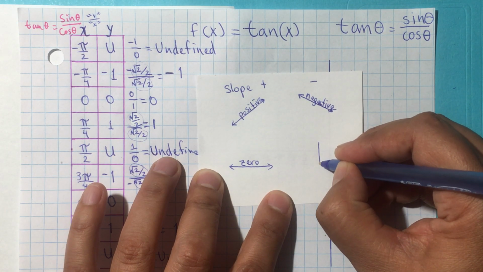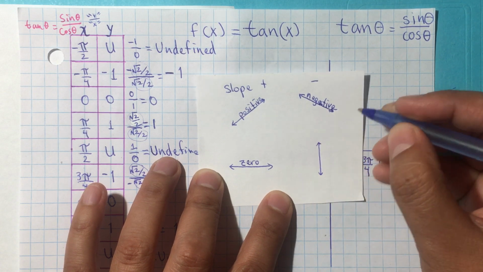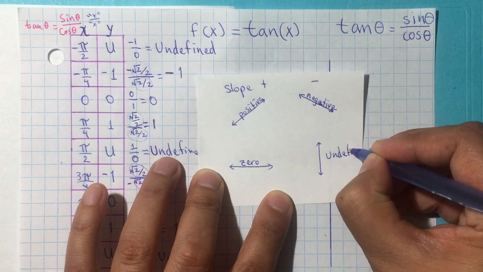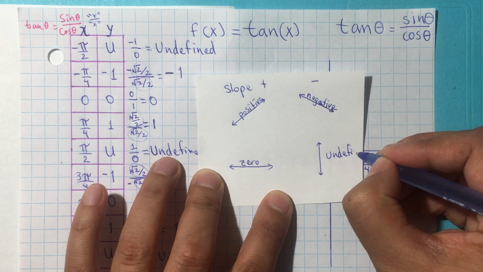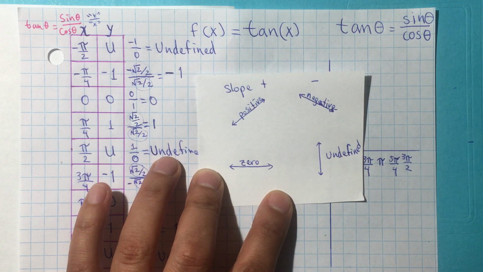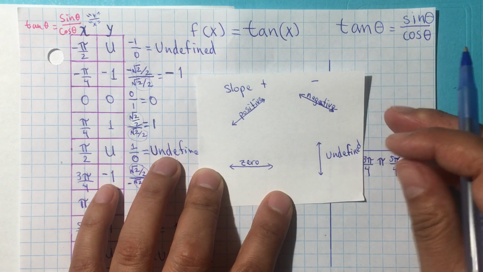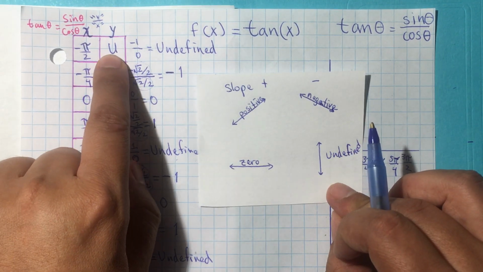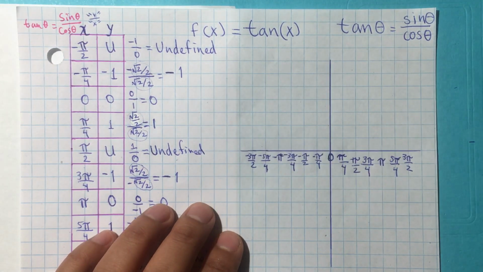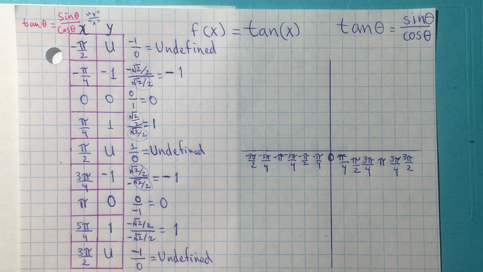And finally, we had one that went like this. That was our undefined slope. Okay, so whenever you see a u in here, that's what we're going to be graphing in our tangent line.